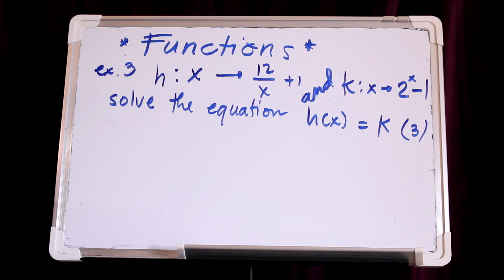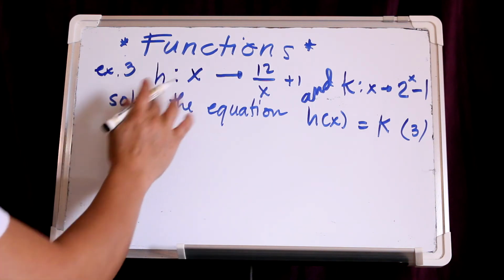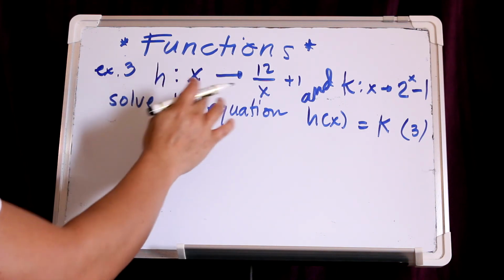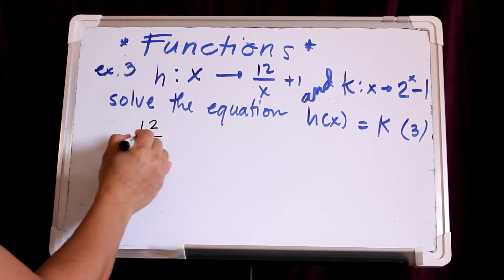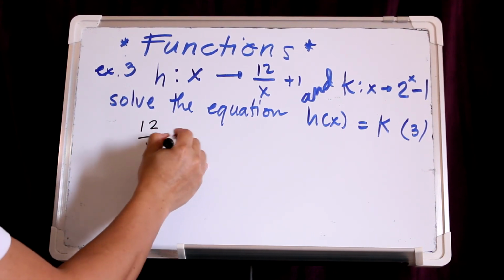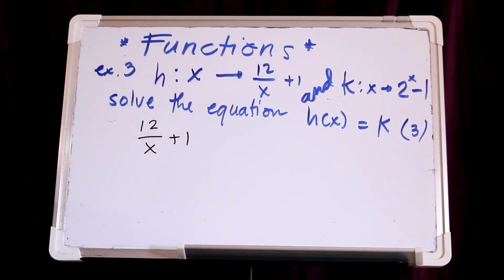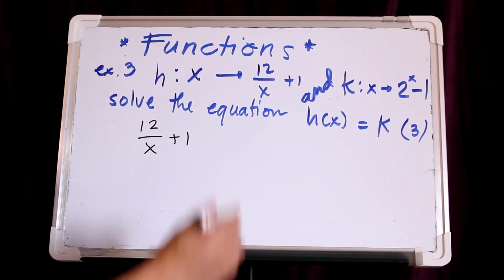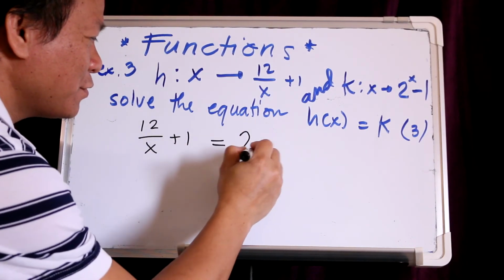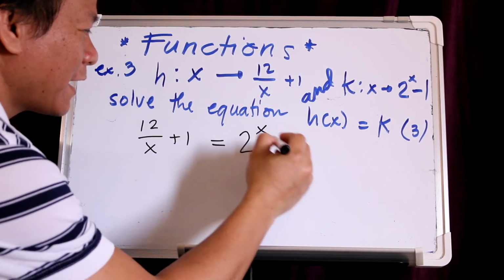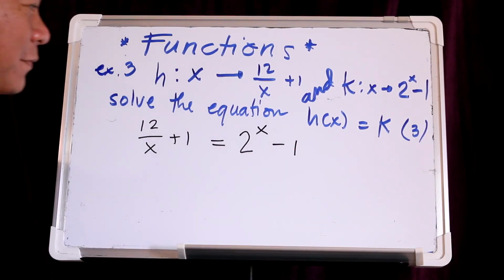Okay, so what I mean is that we will write this function here, which is 12 over x plus 1. So 12 divided by x plus 1 equal to, here you have 2 raised to the power x minus 1.